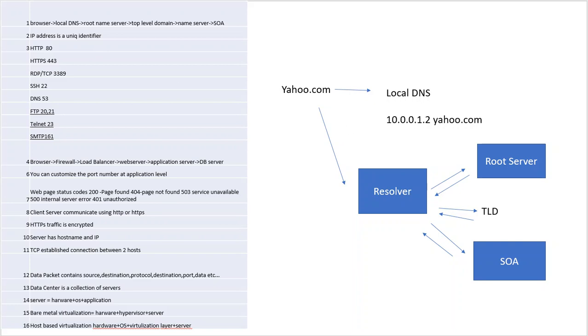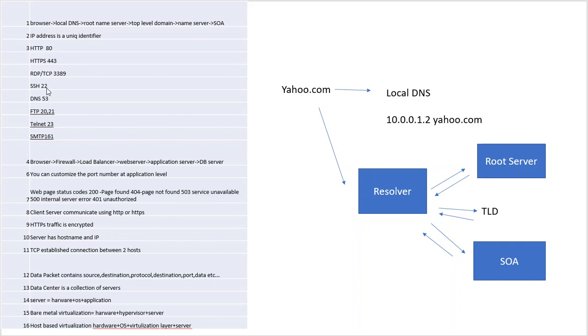Whenever you type in yahoo.com or a website like http.yahoo.com, internally port 80 is used, and for https, 443. For RDP, if you want to get to another Windows desktop, 3389.